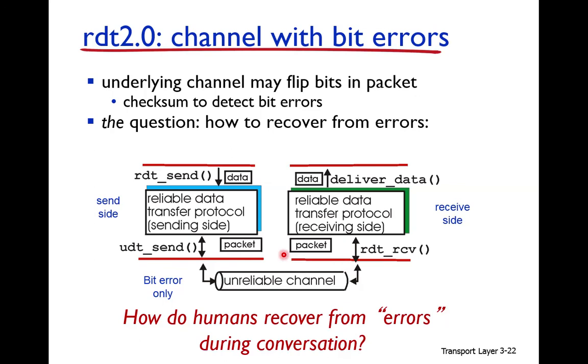The third thing is that when the sender sends the data, one copy of the packet is stored here. Why? Because if the receiver receives the data with bit error, the receiver will discard the data and send a negative acknowledgement.